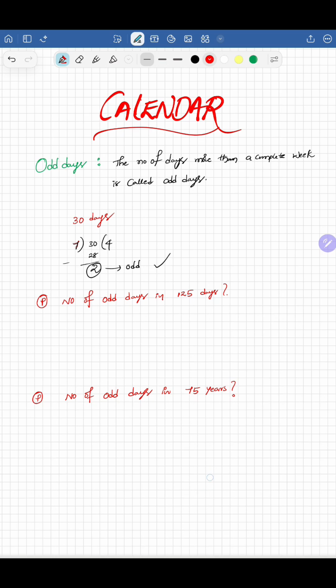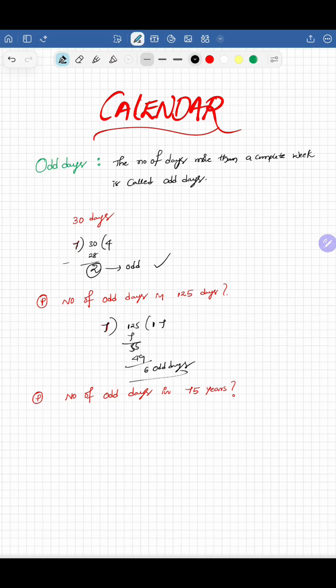You can divide by 7. 7 sevens are 49, 7 eights are 56, so the number of odd days is 6 odd days.